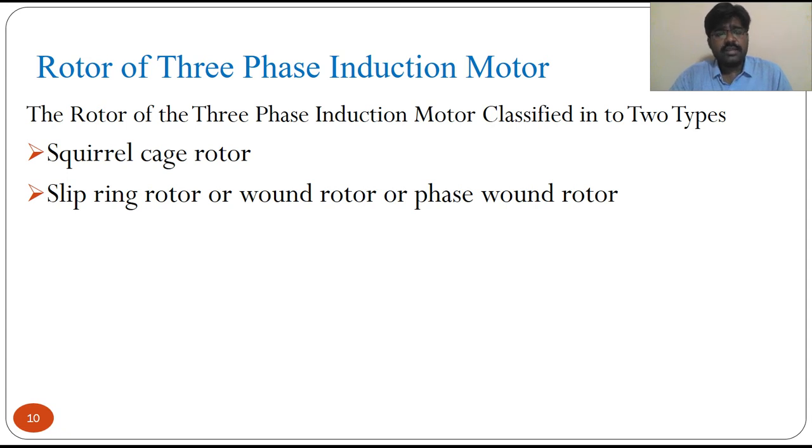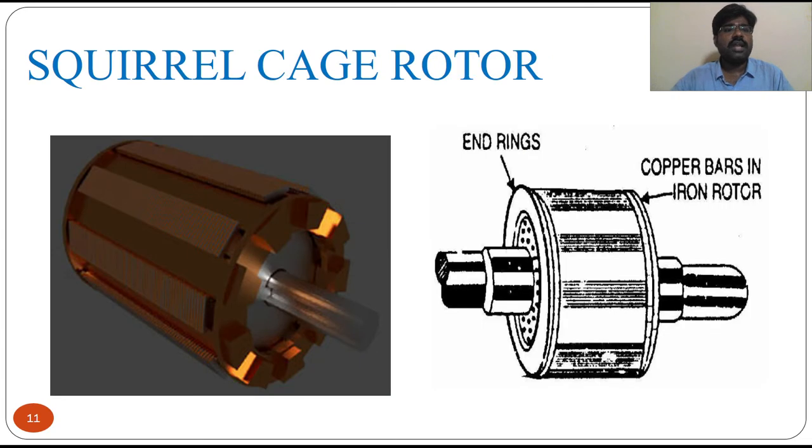In a viva, while giving practical lab exams, the external may ask you how three-phase induction motors are classified. Then you have to say that depending upon the type of rotor we use inside, induction motors are classified into two types: one is the squirrel cage induction motor, another one is the slip ring induction motor.